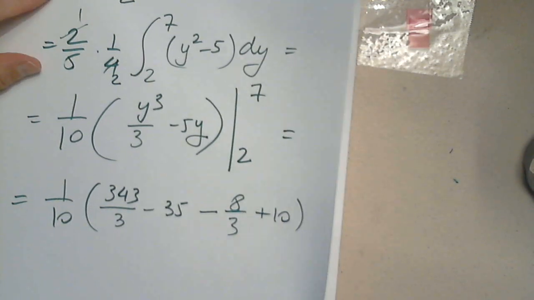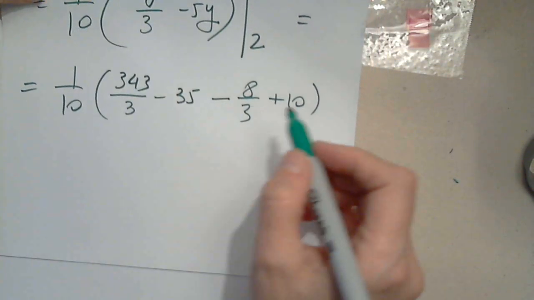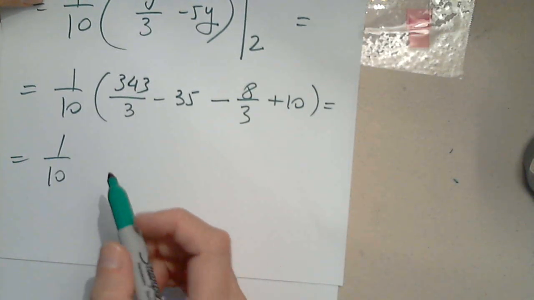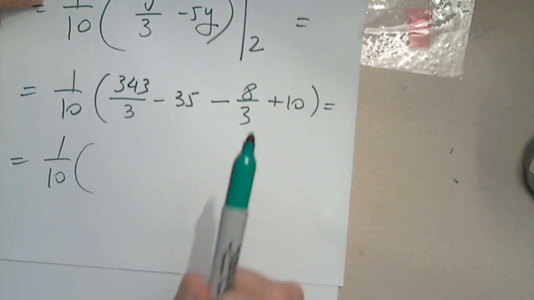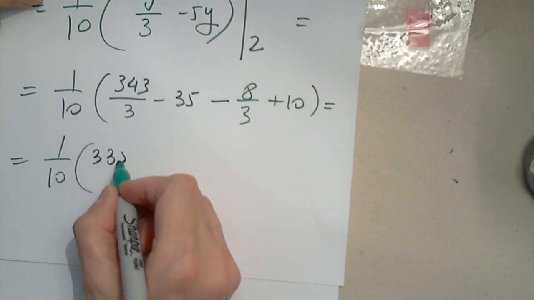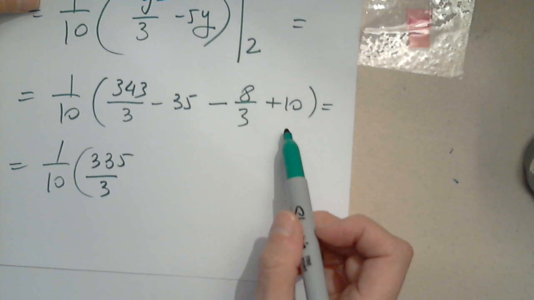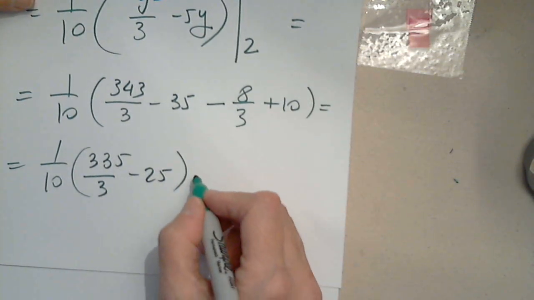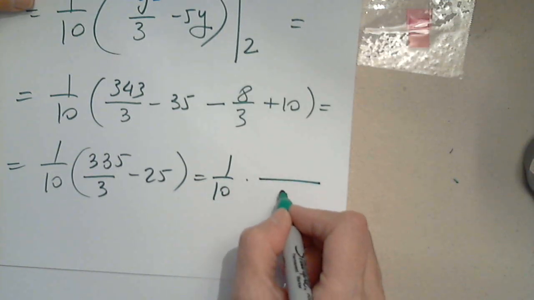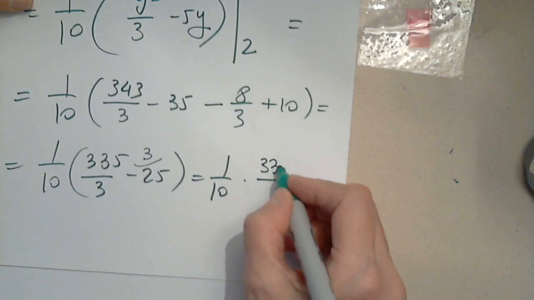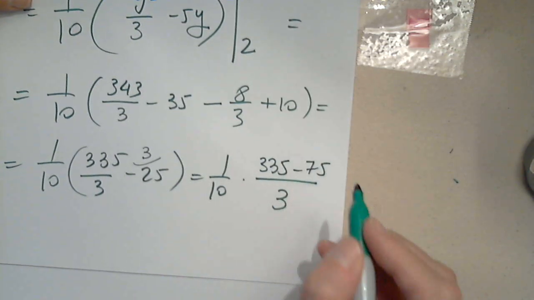Much easier calculations. Okay, let's see. 1 over 10. 343 minus 8 is 335. Keep my numbers correct, please. Minus 25. 1 over 10, the least common denominator is 3, and this gets a 3. 335 minus 75.